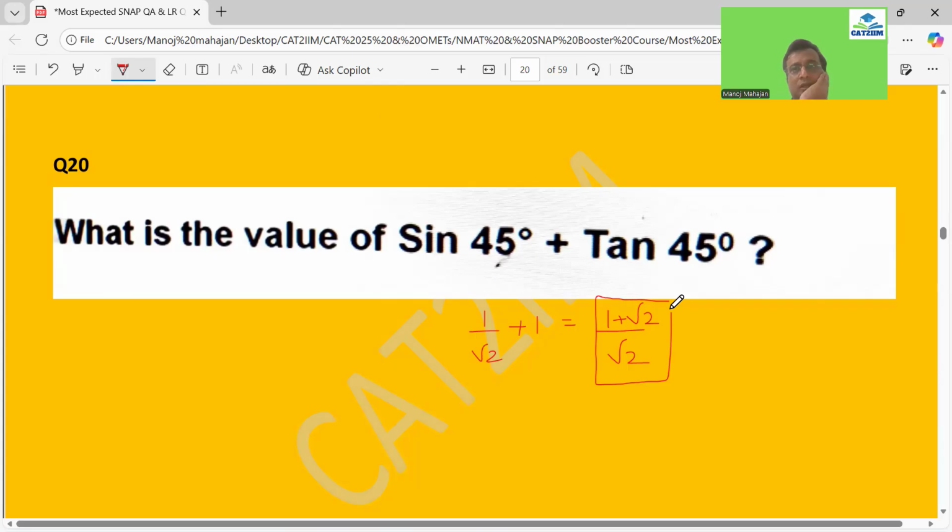So maybe they could give you the choices and just make sure that you are able to figure out the value from the choice. So why would you leave such a question, right? You cannot leave trigonometry completely and do SNAP, because you would be losing 1 mark straight away if you leave such an easy one, right? And a lot of students are going to do it.